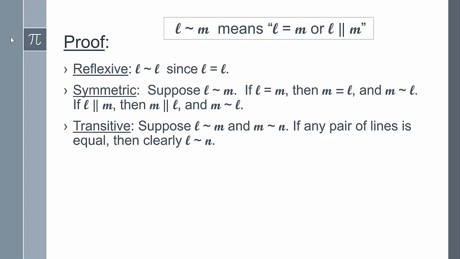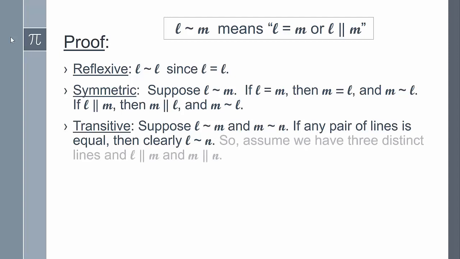So we can assume that all three of these lines are distinct. We don't have to worry about the case when L equals M or M equals N or L equals N. So we're just going to deal with the possibility that all three lines are distinct and L is parallel to M is parallel to N. So again, these are three distinct lines with all these parallel relations.